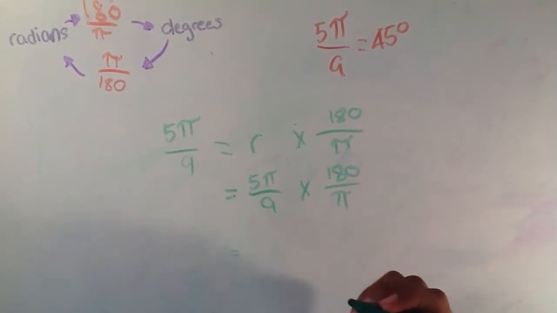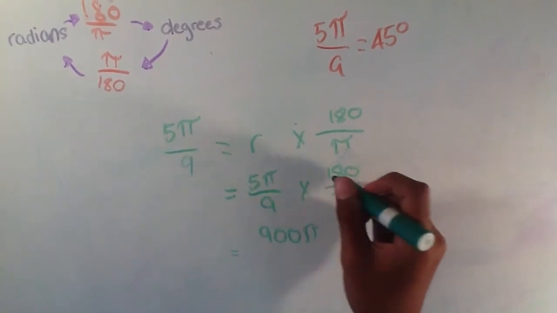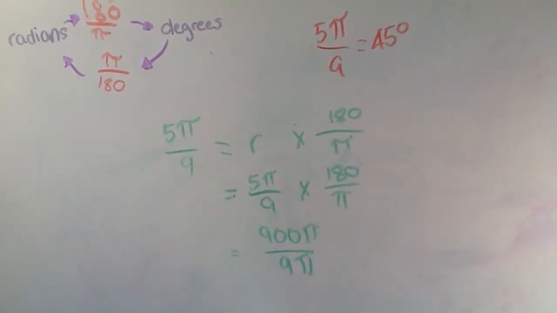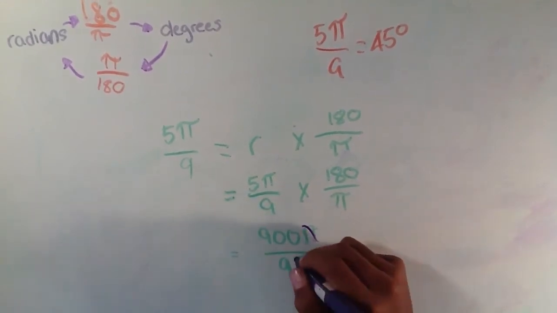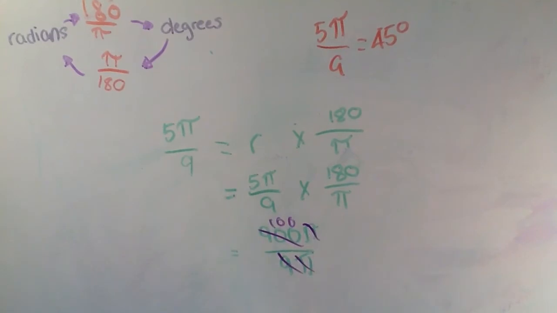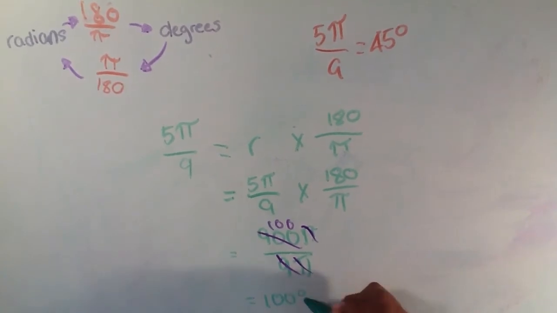If we multiply these together, it becomes 900 pi over 9 pi, which can be simplified to 100 degrees.